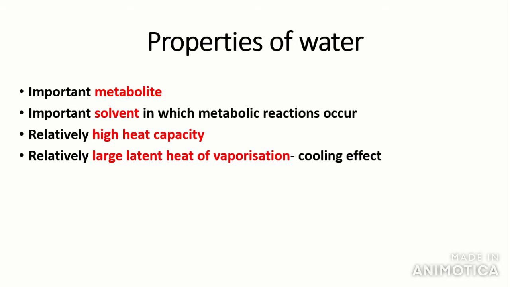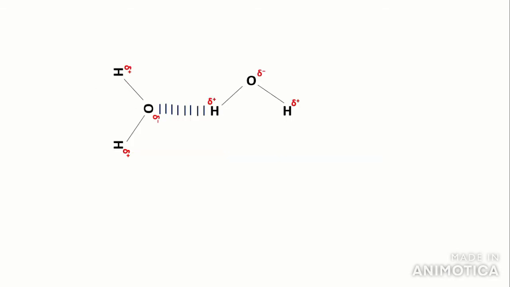Latent heat of vaporization is the energy required to vaporize water, or to turn it from a liquid into a gas. This has implications for organisms in their temperature control as well, as it has a cooling effect on organisms, which is essential in their survival. And also there is a strong cohesion between water molecules, which we will go into more detail next.